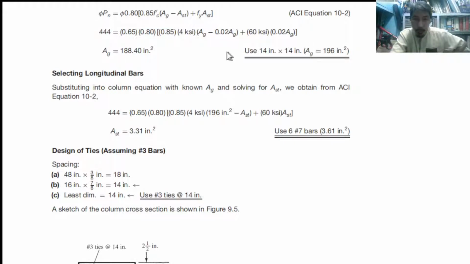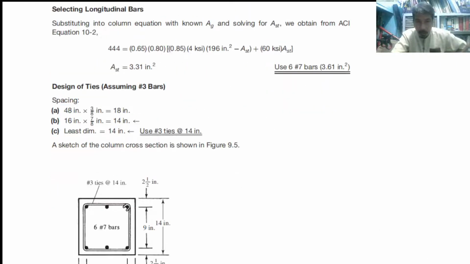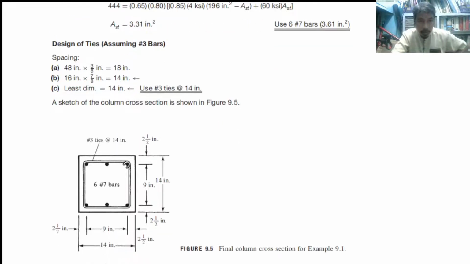How can you solve? First, assume 2%, between 1% to 4%. So we can find out the value of steel area, therefore 6 bars of number 7. So the value is 3.61. So very near. So it is our most economical part.